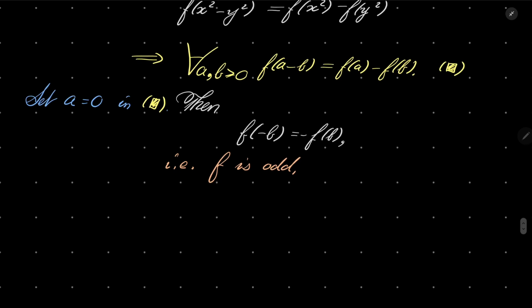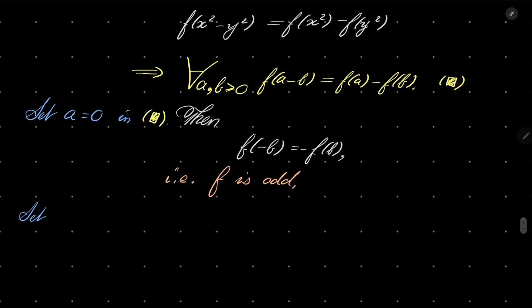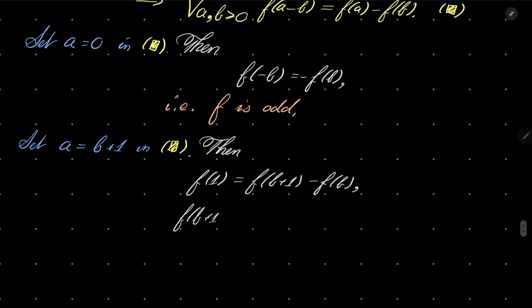Moreover, let's set a to be b plus 1 in our condition square. Then we will have f of 1 equals f of b plus 1 minus f of b. In other words, f of b plus 1 is f of b plus f of 1. Of course, that only holds for non-negative numbers b.